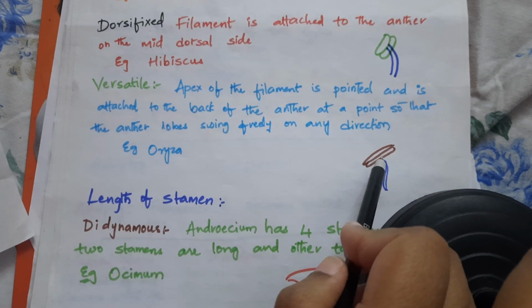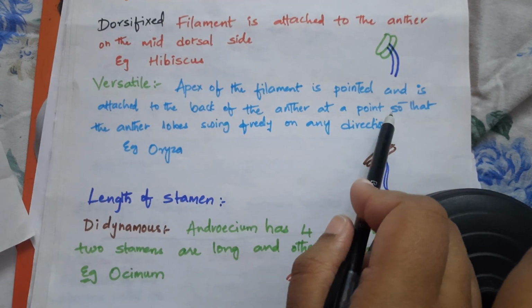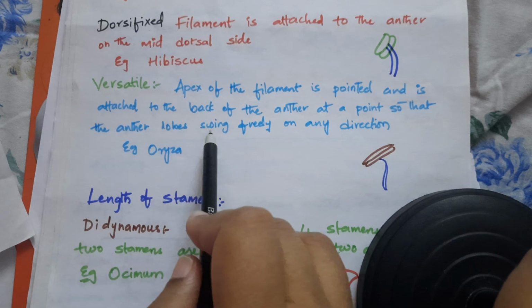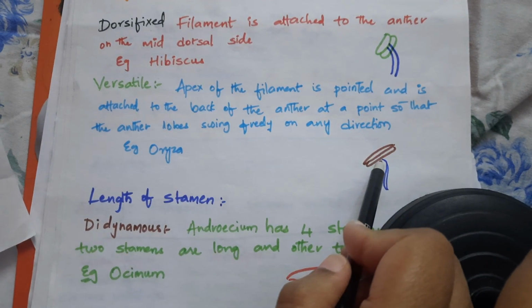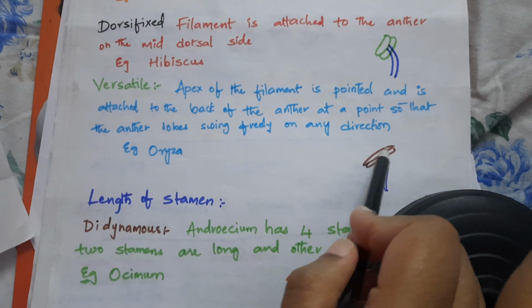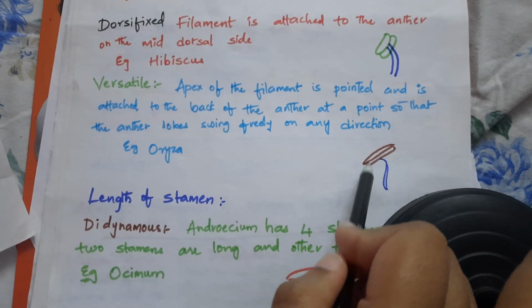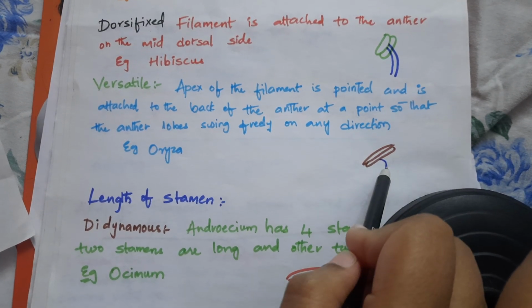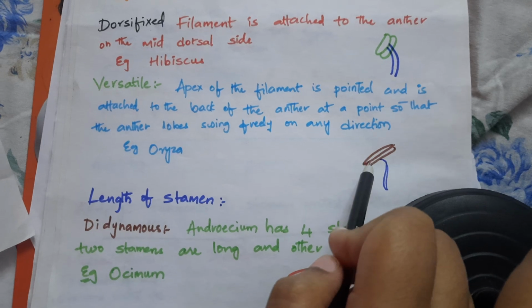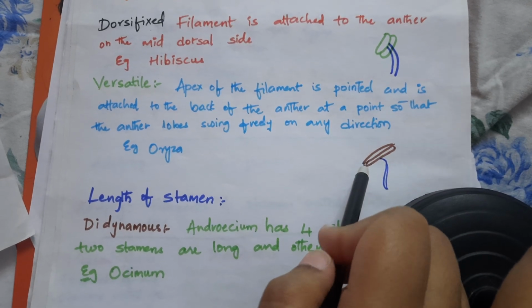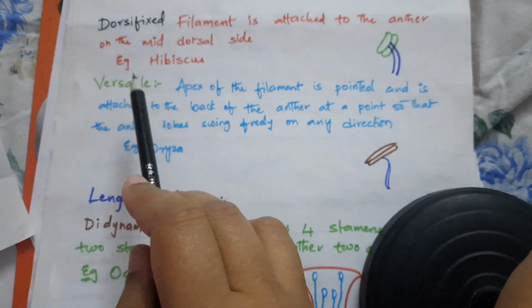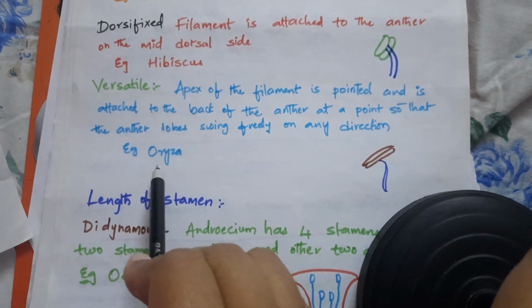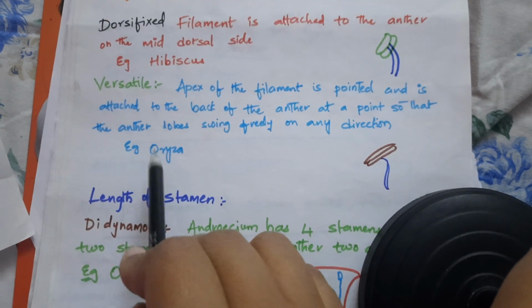So it is attached to the anther back at the point, so that the anther lobes swing freely at any direction. At this point it is attached to the anther, so that these anther lobes can move freely in any direction, okay. So this type of arrangement of the filament to the anther we call as the versatile anthers. It is seen in the rice plant, that is the Oryza sativa.